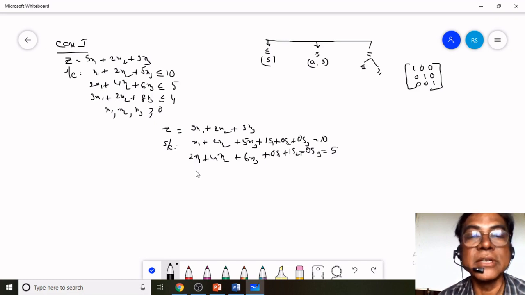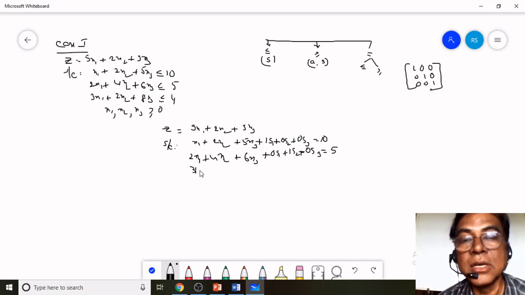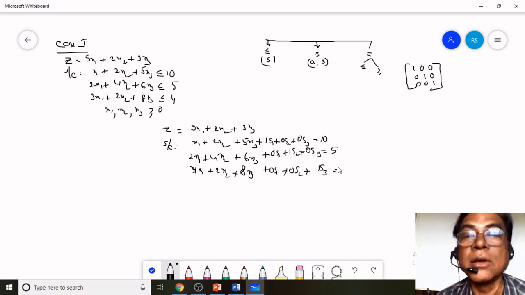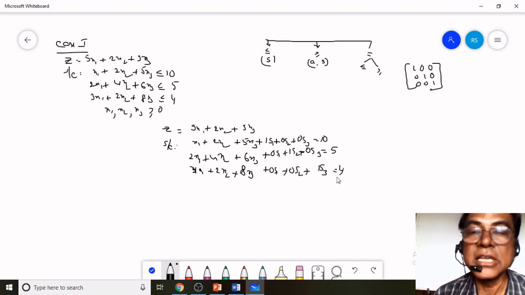Go to the third equation: 3x1 plus 2x2 plus 8x3 plus 0 S1 plus 0 S2 plus 1 S3 equal to 4. So the subject-to-constraints equations are over.